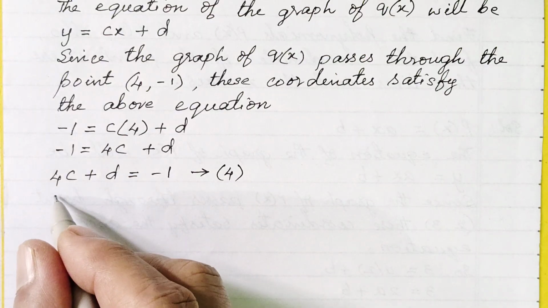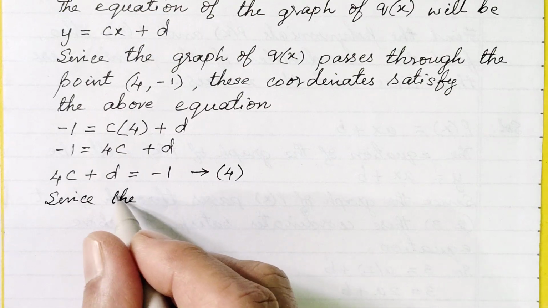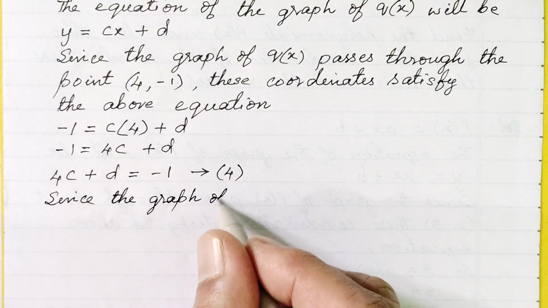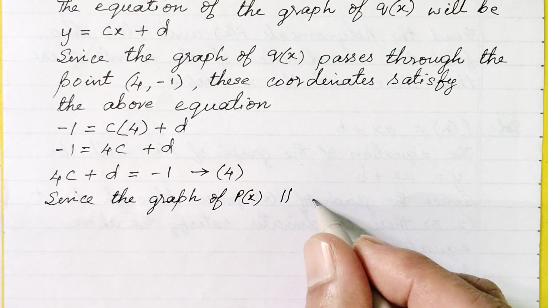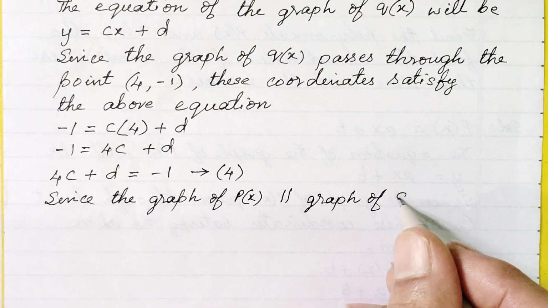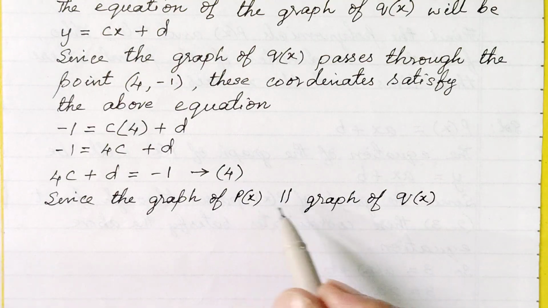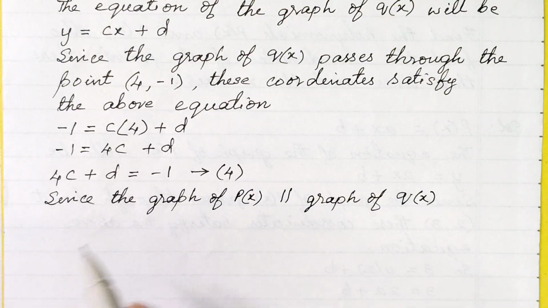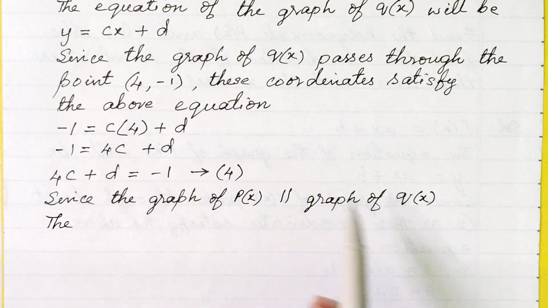Since the graph of Px is parallel to the graph of Qx, when the two graphs are parallel, the slopes also are equal.